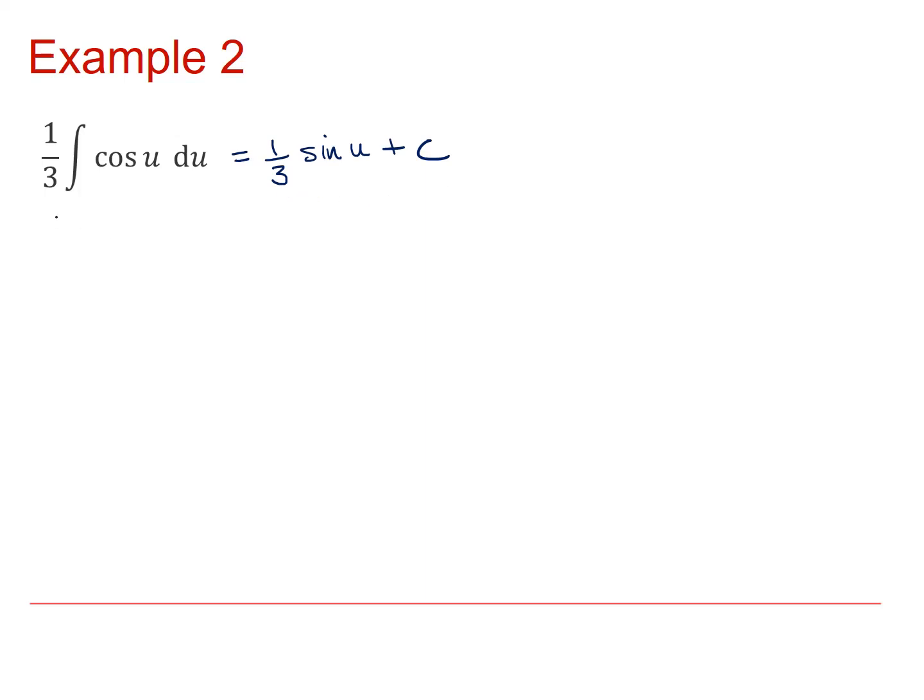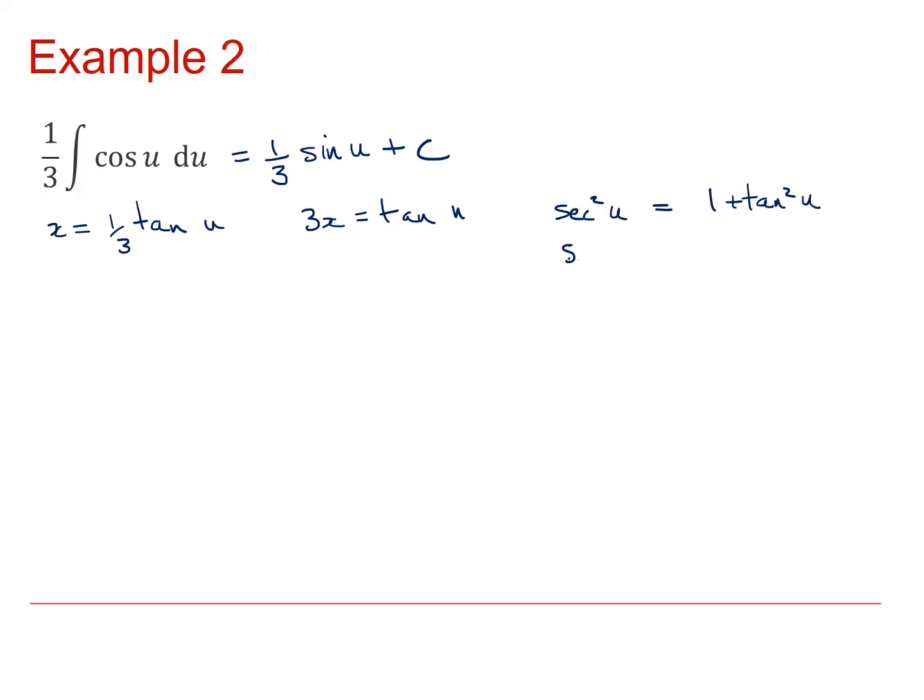I know that x is equal to 1/3 tan u, and therefore that 3x is equal to tan u. I also know that sec squared u is equal to 1 plus tan squared u.